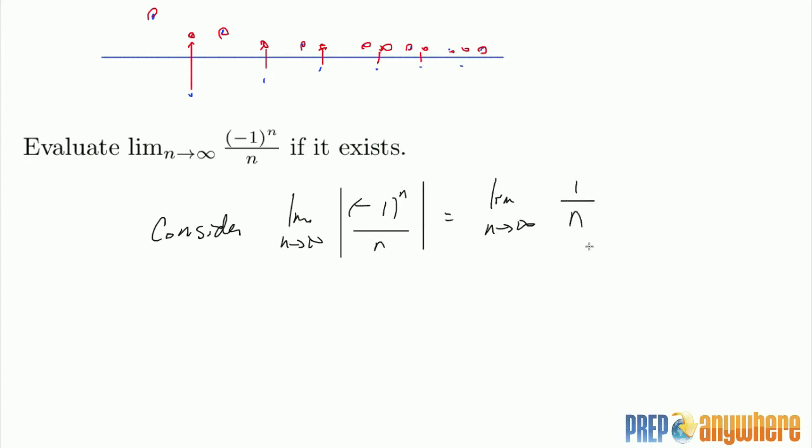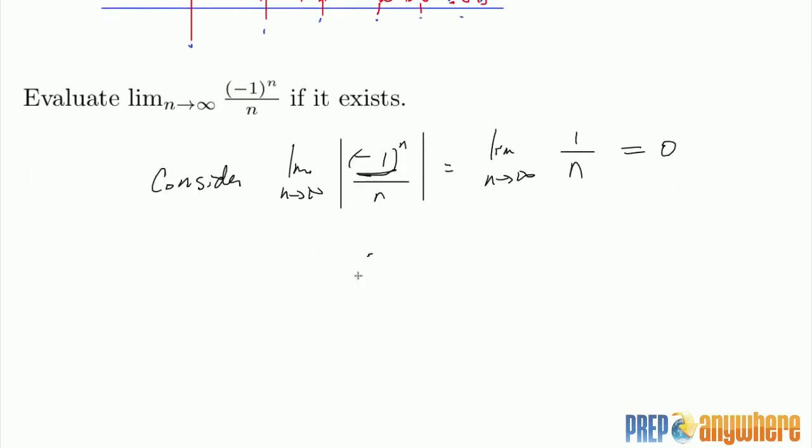I can remove the absolute value here now because I know n is always positive, and I've taken care of the expression which makes this negative from time to time. So this is clearly approaching 0. By this absolute convergence theorem, therefore we can say this is also converging to 0.